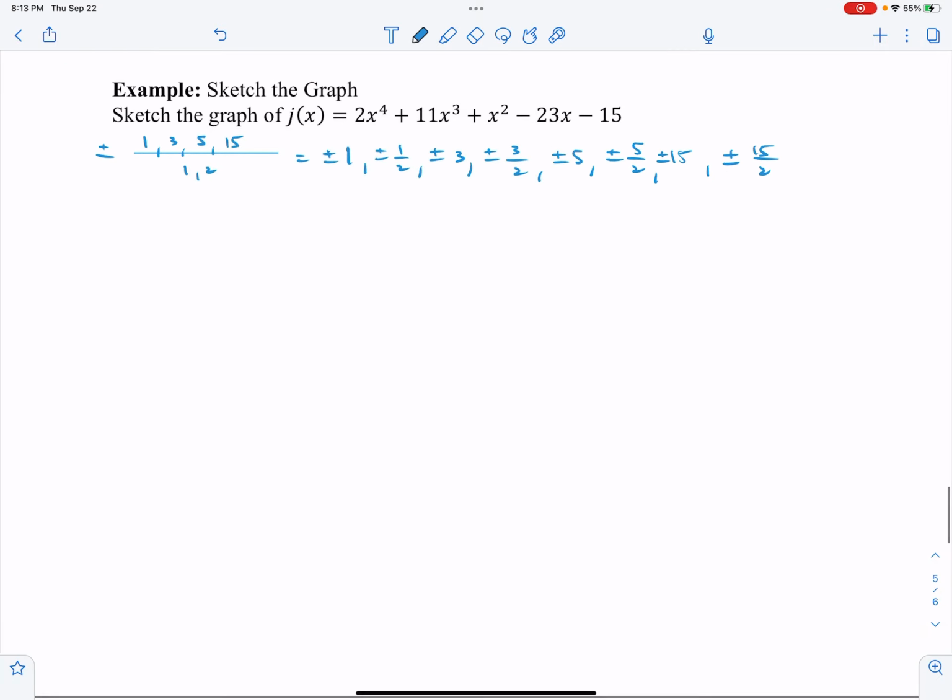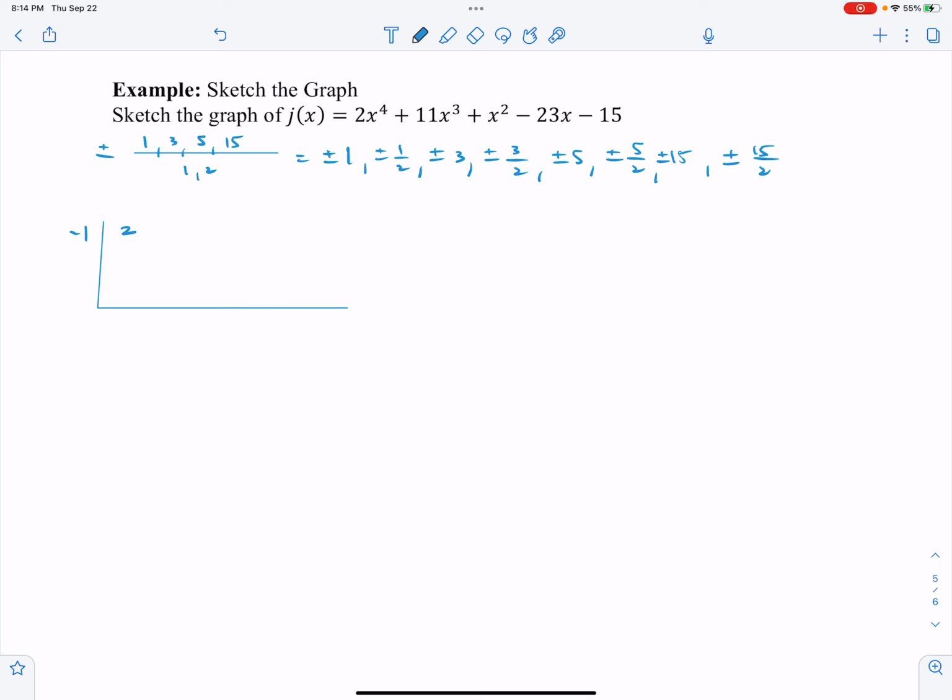I'm going to try -1 first. And because there are so many possible rational zeros, I don't want to get to the end of the list and none of them have worked, and then have to retest. Once I get a 0, I'm going to retest it just to see if it has a multiplicity larger than 1.